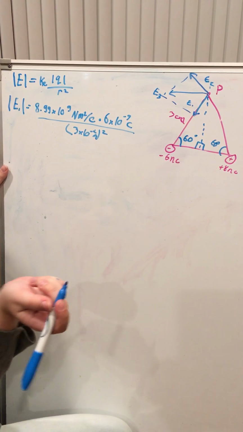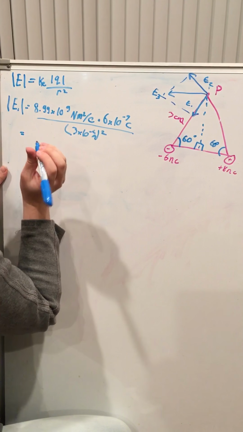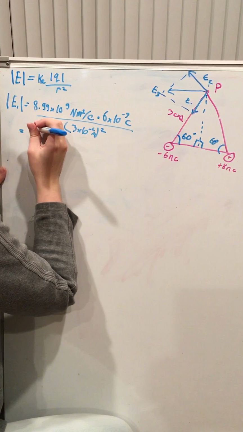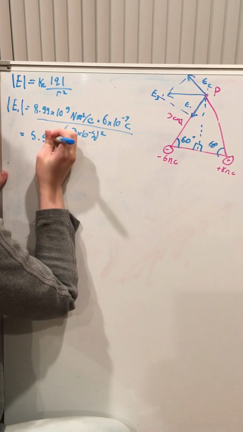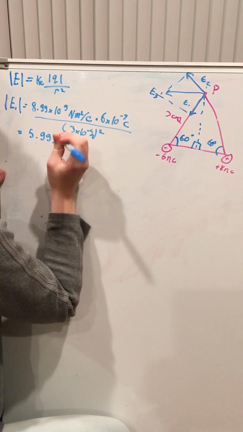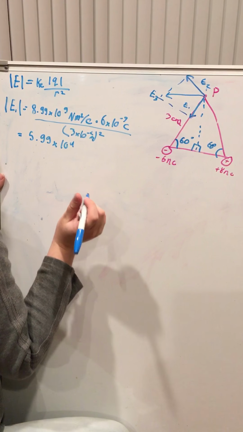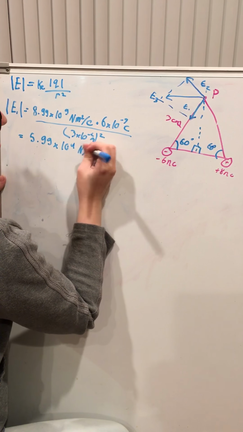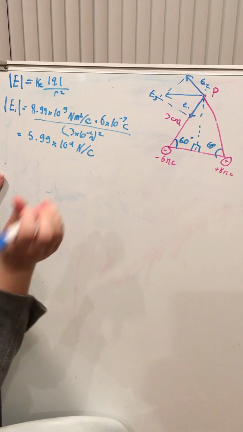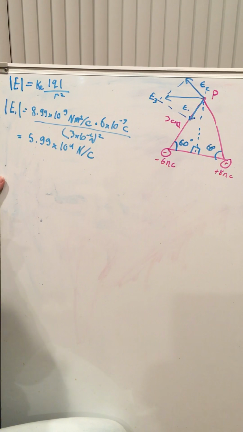Now, performing the math on a calculator, we find that E1 is equal to 5.99 times 10 to the 4 newtons per coulomb. Now we want to find its x and y components.